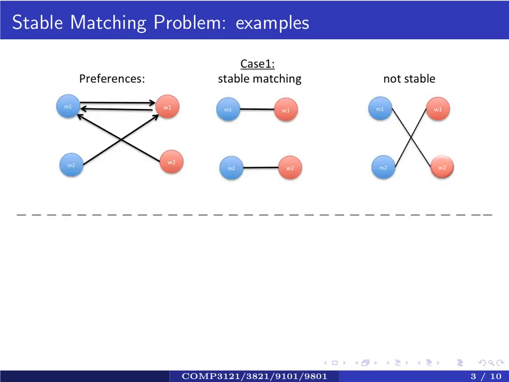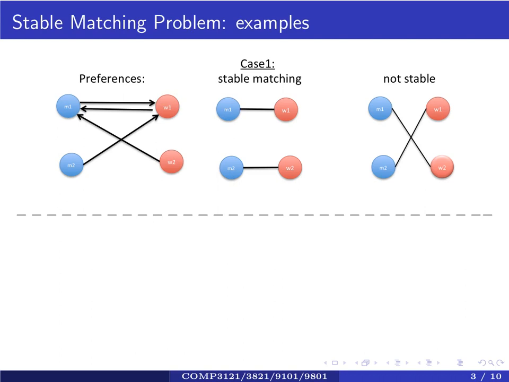So here is an example. The arrows in this picture indicate the preferences. So this is just with two pairs. And the arrow from man M1 to woman W1 means that M1 prefers W1 to W2. And for example, the arrow from W2 to M1 indicates that she prefers M1 to man M2.